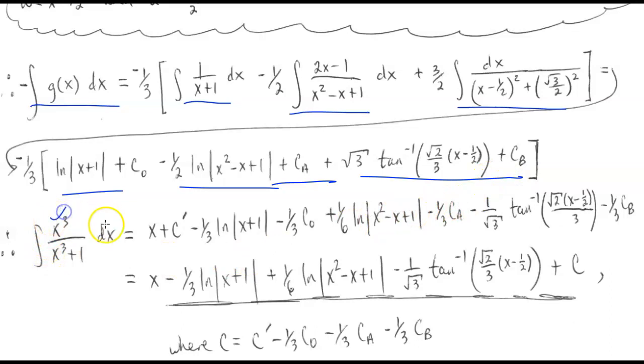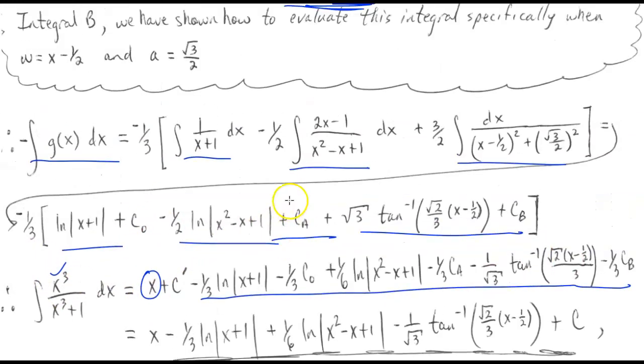And then, of course, the integral of what we were beginning with is just going to be all three of these terms again together. But now we actually have to add it to x plus c prime.